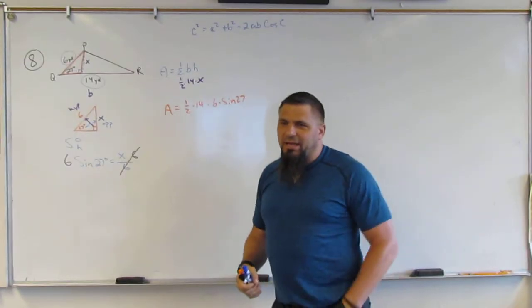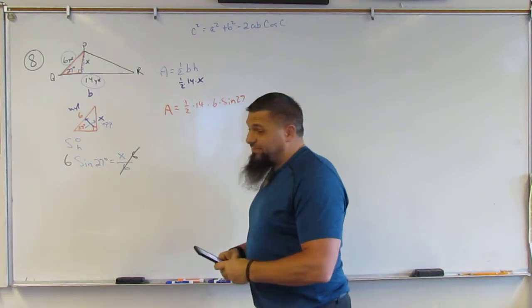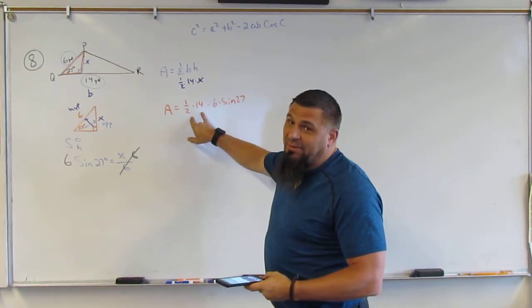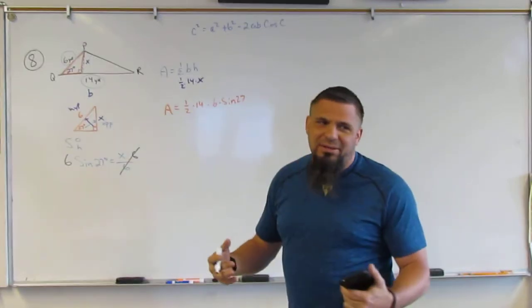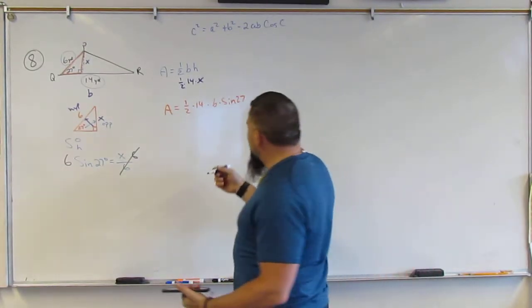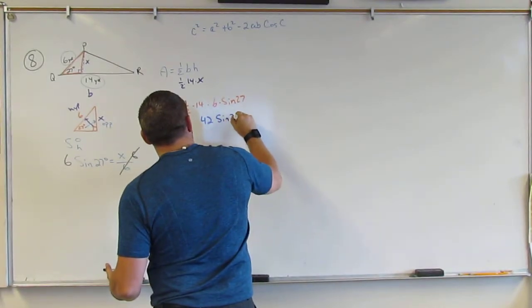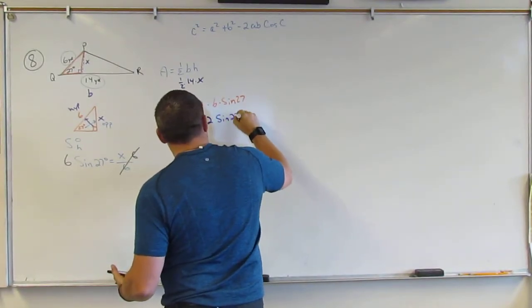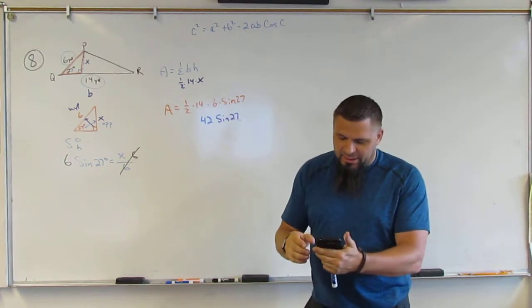And I plug that in my calculator. And in fact, I could think of that as 7 times 6. So in my head, before I even plug it in the calculator, what's 7 times 6? 42. So it's 42 sine 27. Right? So I can just plug that into my calculator.